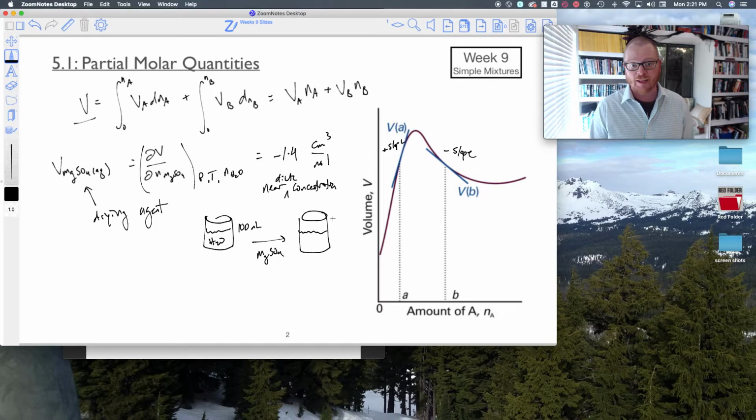I'll have something like, can I do this math, 98.6 milliliters, right? It'll actually reduce the volume, which is really cool, okay? And that number is in the limit of near dilution. So that's like when this is approaching the end of this curve, okay?